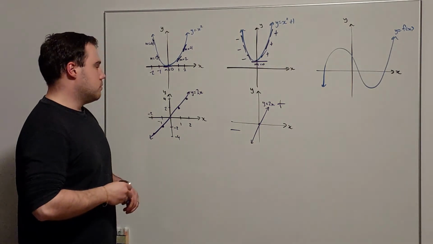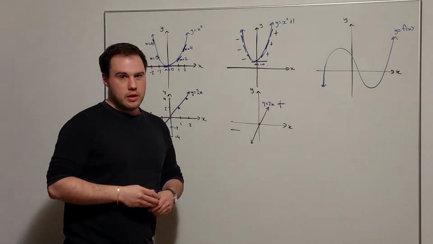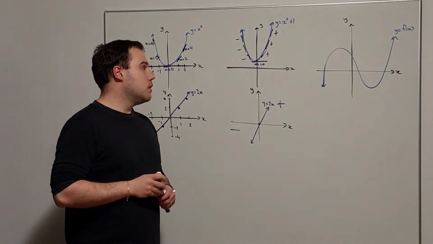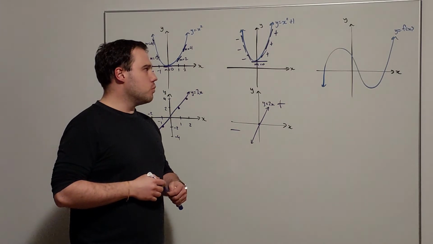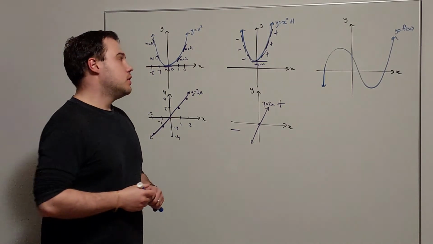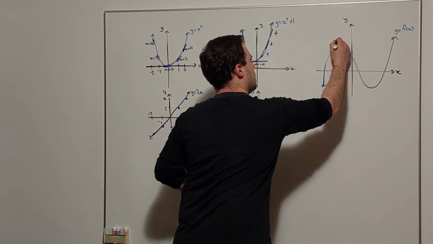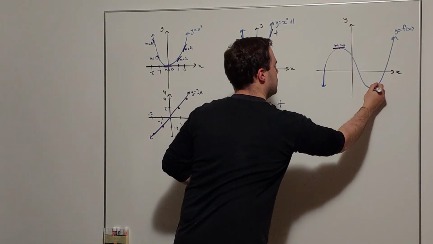All right, so we're going to perform the similar analysis that we did over here. First, the starting point is going to be to find where the stationary points are. Okay, so stationary points here are going to have a gradient of 0.